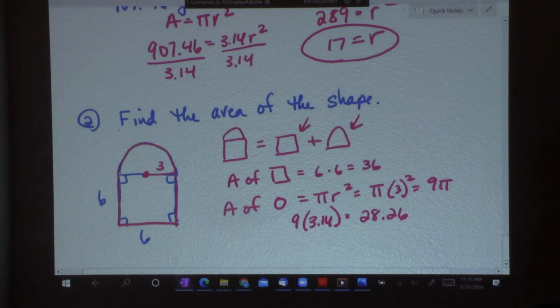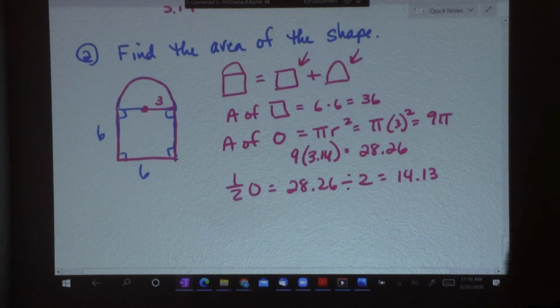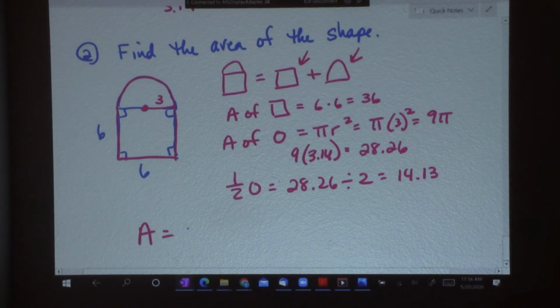Now be careful, I only want half the circle. So I'm going to take 28.26 and divide that in 2, and I get 14.13. Now my area is going to be 36 plus 14.13, which is 50.13, and that is inches squared.